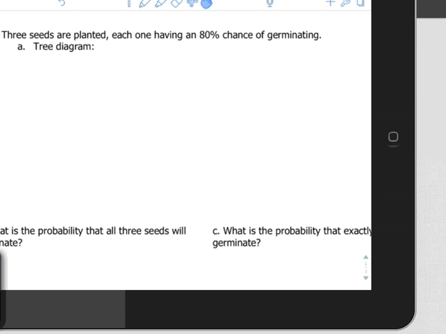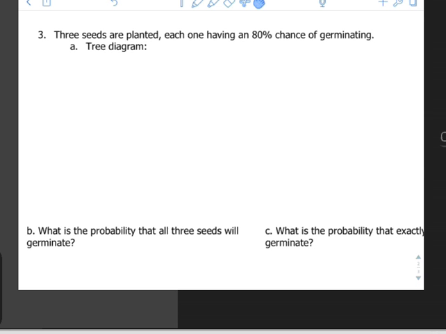3 seeds are planted, each one having an 80% chance of germination. Now I get some of you want to make it go like, here's my 3. If you make 3 triangular sets, that is a very common mistake answer because you're thinking those are my 3 seeds.